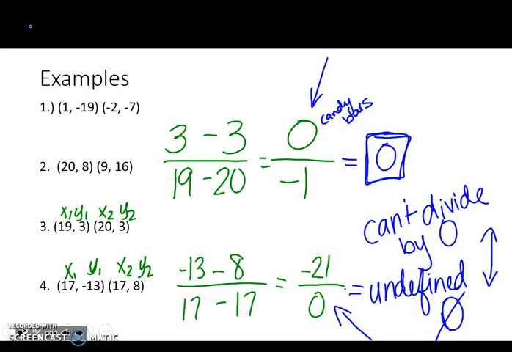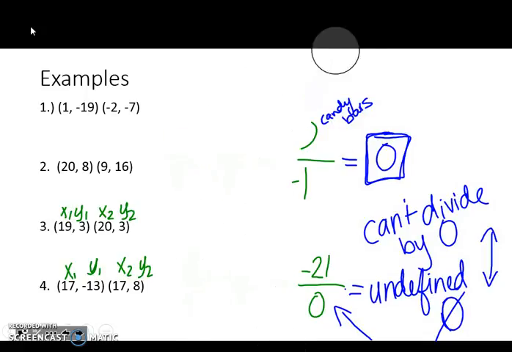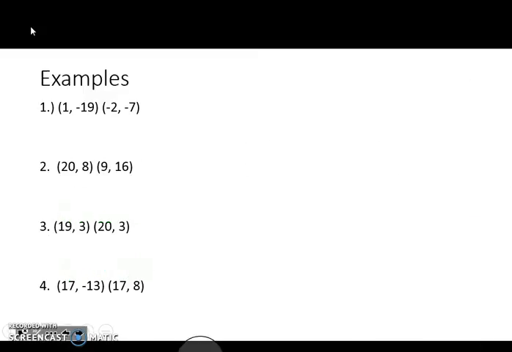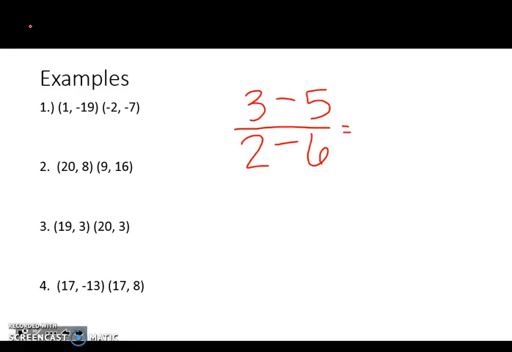All right, real quick, the only other answer that I want to go over is if you complete a problem and you come up with a negative number on the top and a negative number on the bottom.